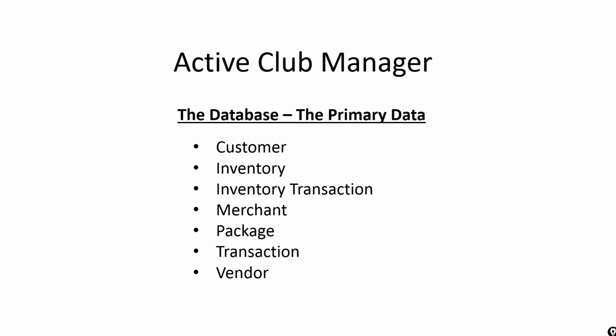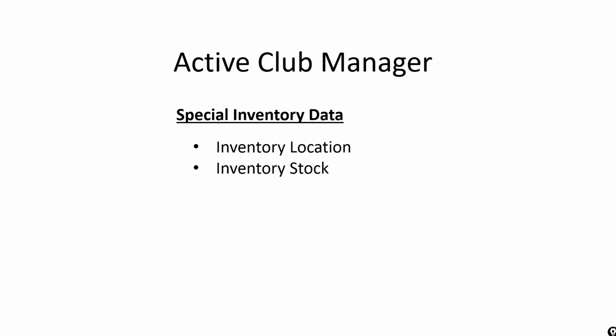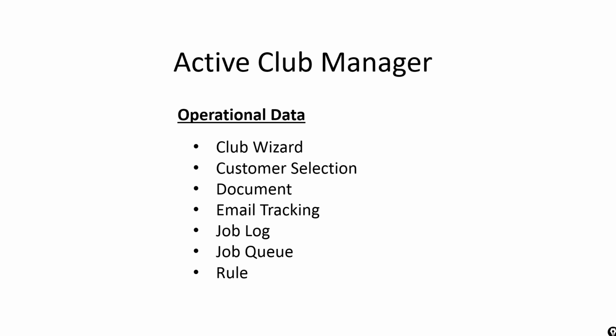Just so you get a feel for what else is coming, we have special inventory data, which is the location and stock of inventory. And we have operational data, which is the wizard, selections customers have made, documents, email tracking, our job log, job queue, and business rules.